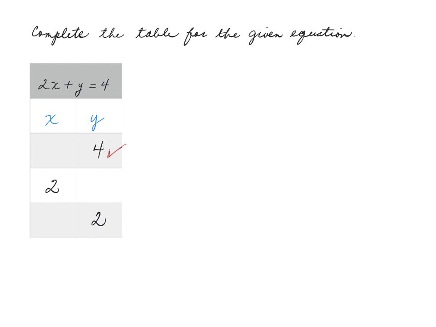So that means we have 2x plus 4 equals 4. Now remember, we're solving to find the x value, so we need to get the x by itself. So let's subtract 4 from each side. That gives us 2x equals 0. Divide by 2 on each side, so x equals 0.